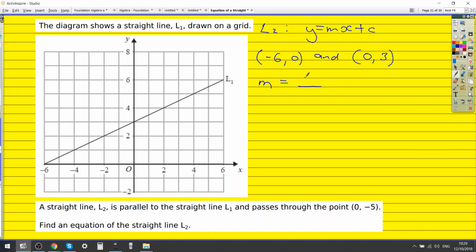So from here to here, what was the change in y? It went 3. And 6 is the change in x.